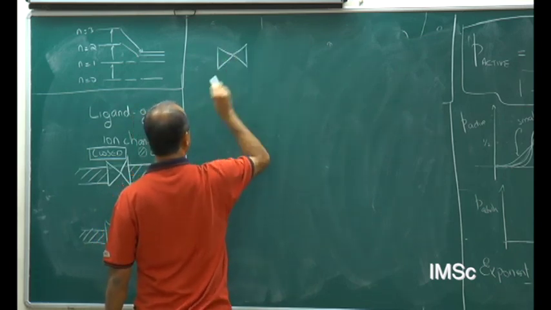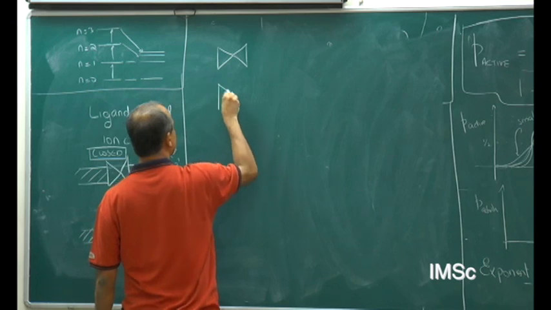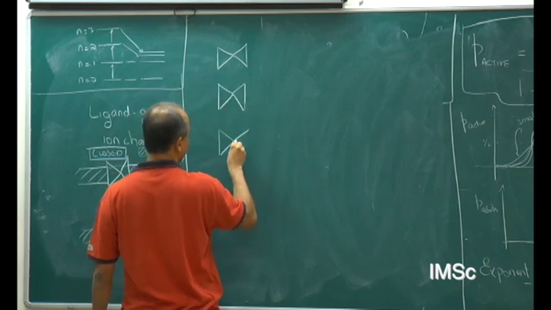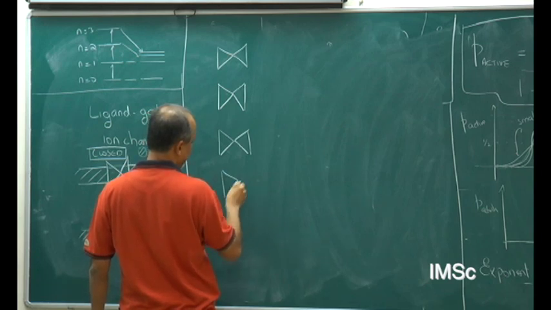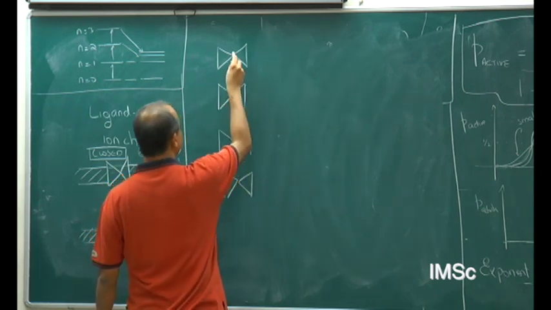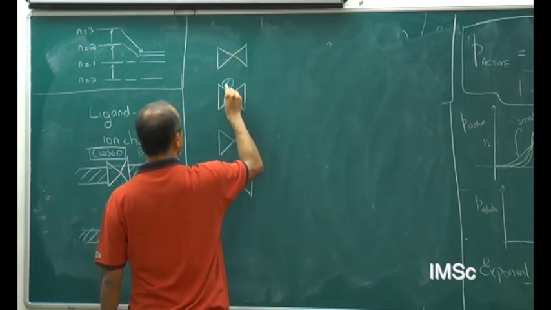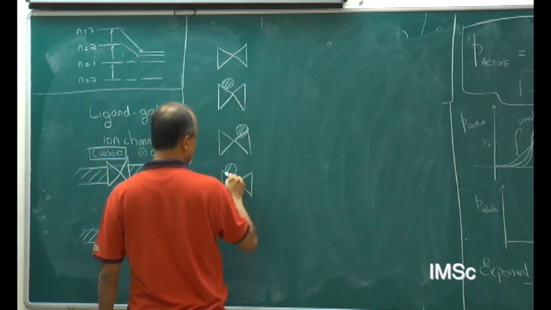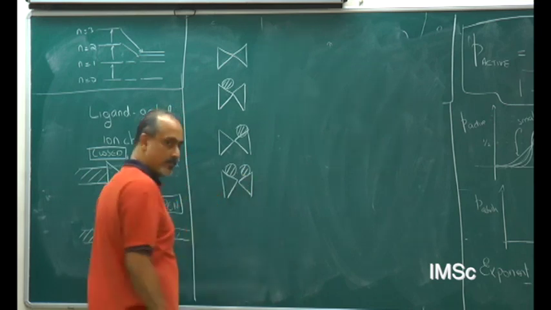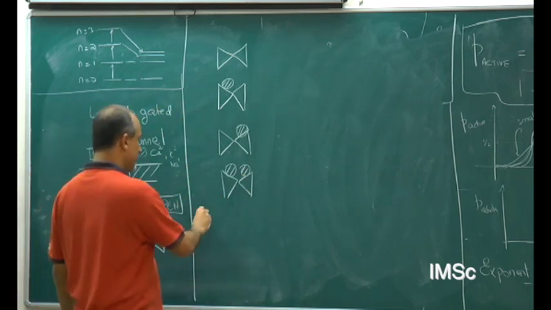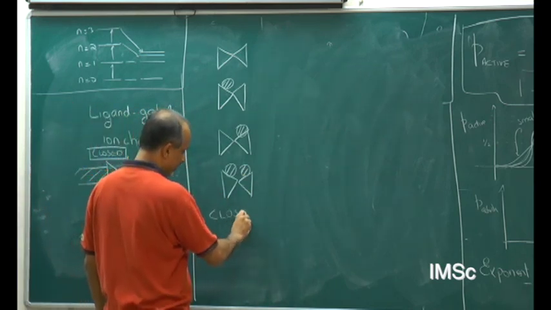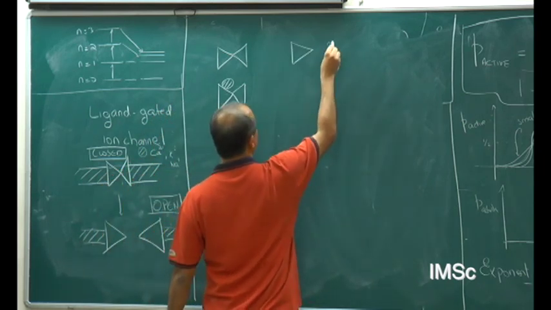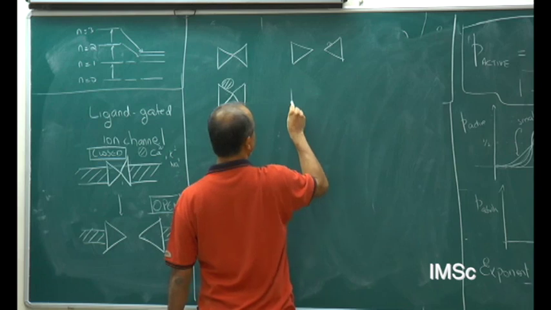So here is a closed channel, and there are several different configurations of this closed channel that I can think of. Let me just draw some here. So here this is with nothing bound. Here this is one ligand bound on one side. This is one ligand bound to another site, and this is two ligands bound here. And all of this is for the closed configuration. Similarly, in the open configuration, I could have a situation like this.